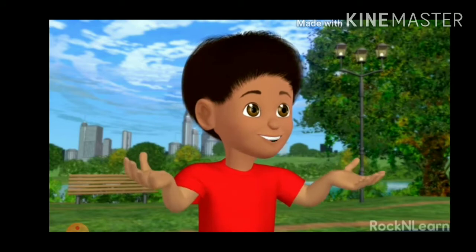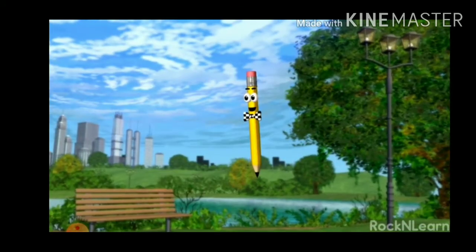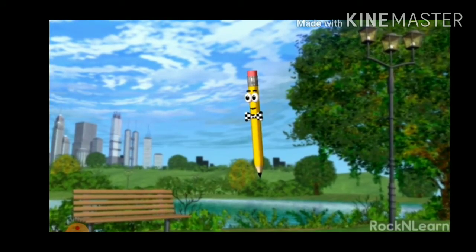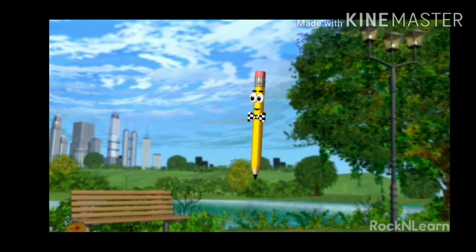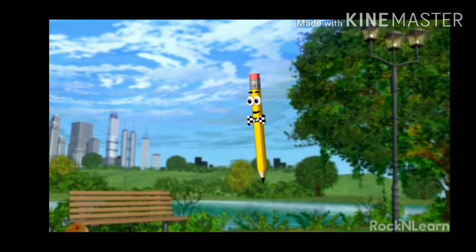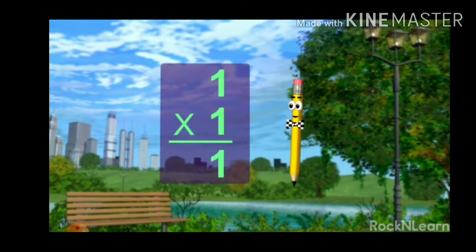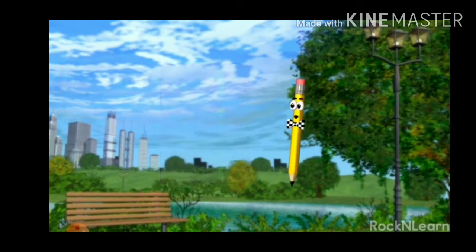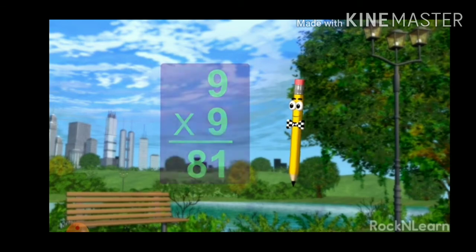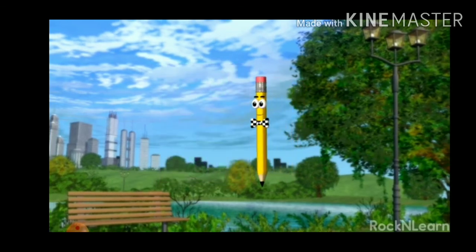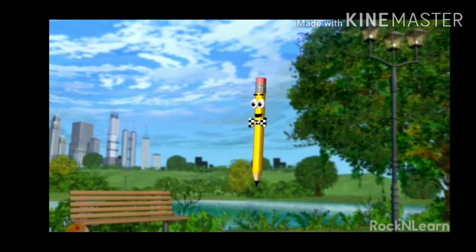Now, how do people get good at multiplying? They could use a calculator? Well, it's not always convenient to use a calculator. Smart people, and smart pencils for that matter, memorize their basic multiplication facts from 1 times 1 all the way up to 9 times 9. Some people even like to memorize all the way through the 12s.